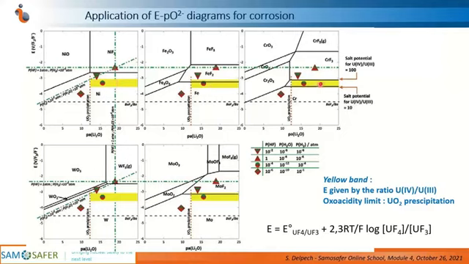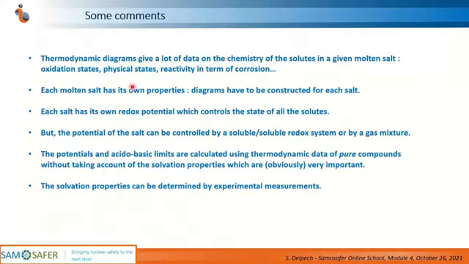So, for example, here chromium will only be in the chromium fluoride 2 form. So it's a very short stability diagram.